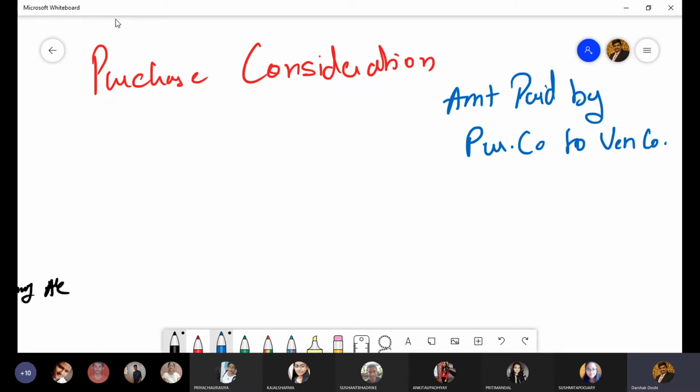That means if there is 5 lakh rupees creditors which is transferred from the vendor company to the purchasing company, and after purchasing company taking over the business, they pay off the creditors, then the entry for paying off the creditors should not be given any effect while calculating purchase consideration.